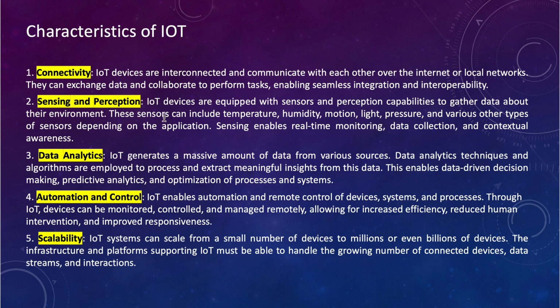IoT devices are equipped with sensors and perception capabilities to gather data about their environment. These sensors can include temperature, humidity, motion, light, pressure, and various other types of sensors depending on the application.